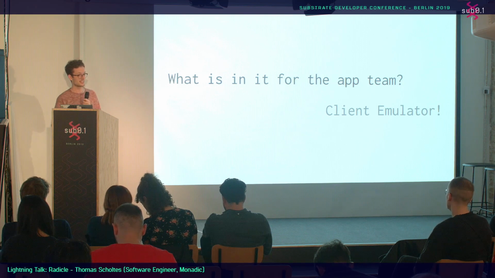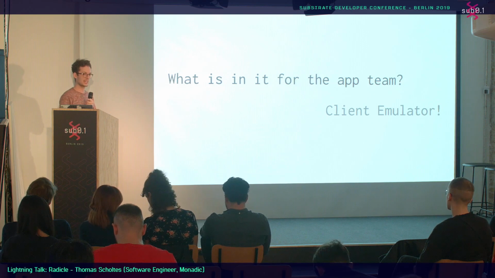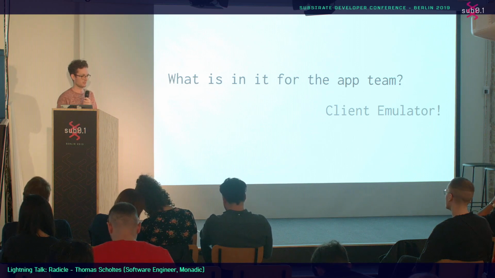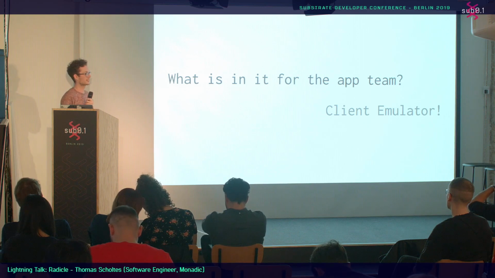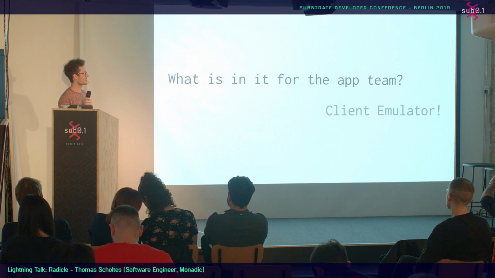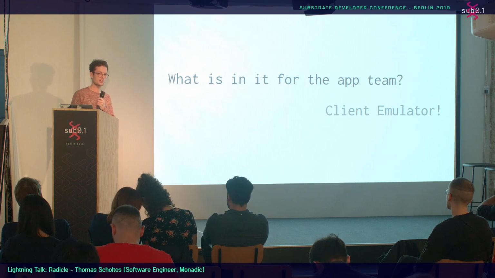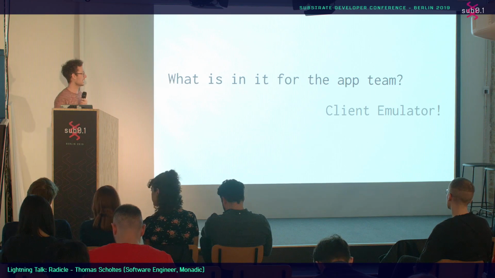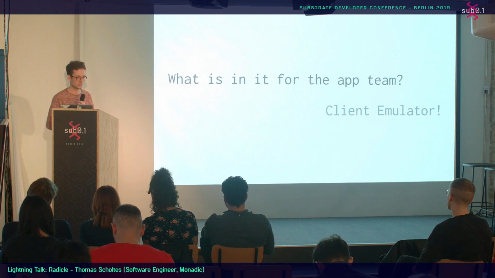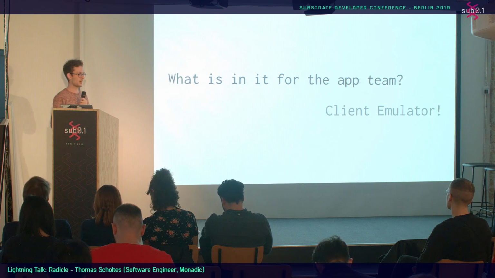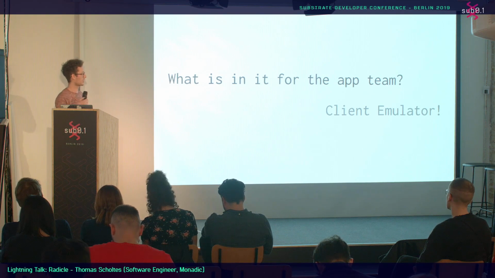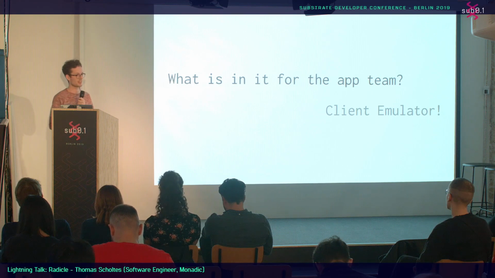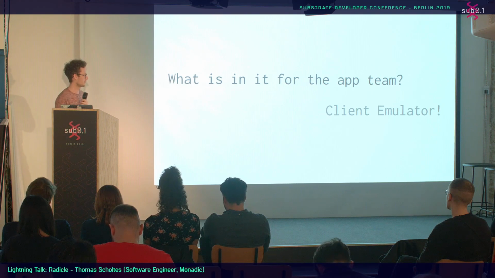What this does is we not only ship the real client to the app team, where the app team needs to run a node and compile it and whatever, but we also ship this emulator, which looks like a client from the outside, but internally runs all the code with test externalities and simulates the whole runtime without going through the network, without needing consensus, without needing to wait for the blocks to be created and finalized.